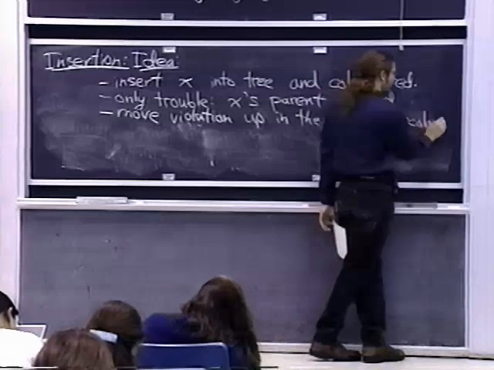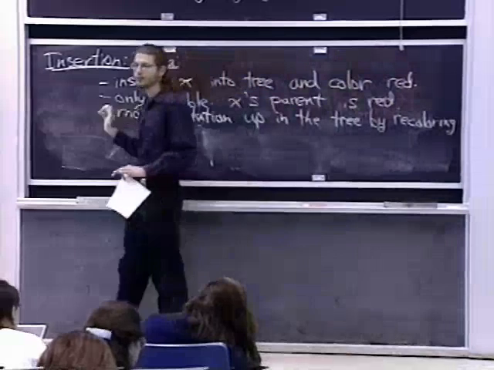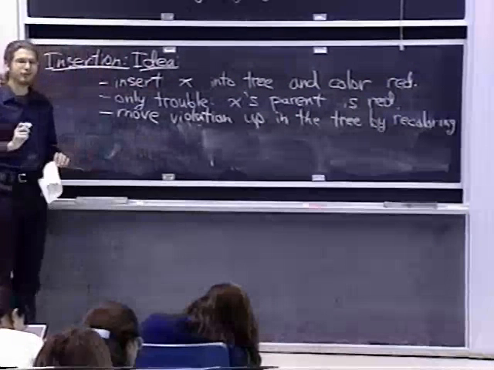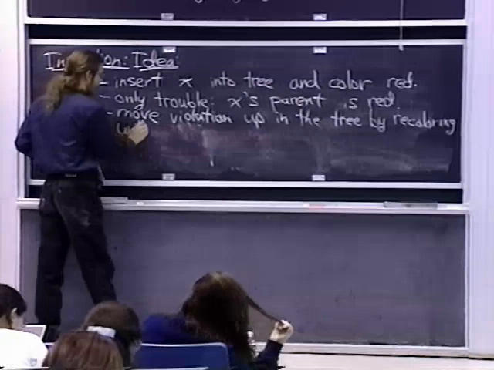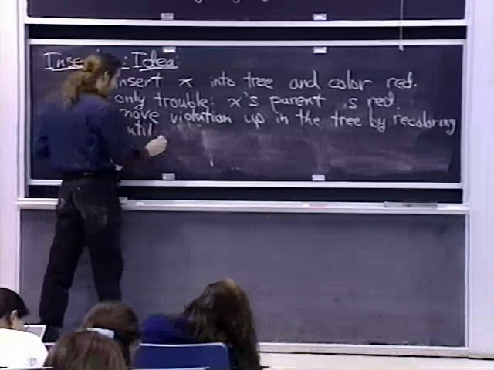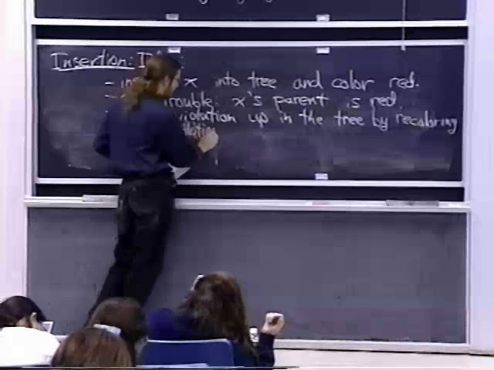We're not going to do any rotations at this step until we get up to a point where we can do rotations and fix it. So this is a little mysterious at this point. Until we're high enough and the violation can be fixed just by some rotations.